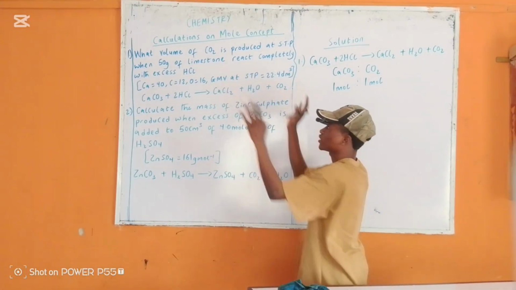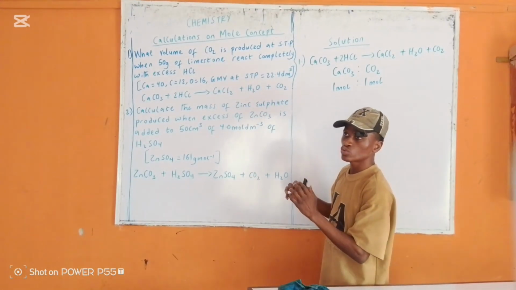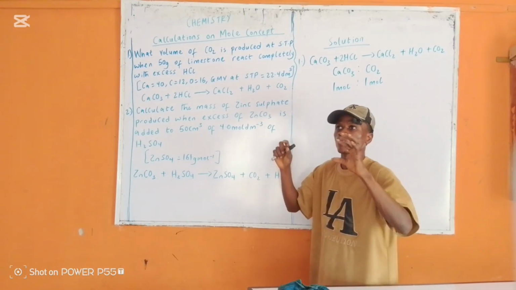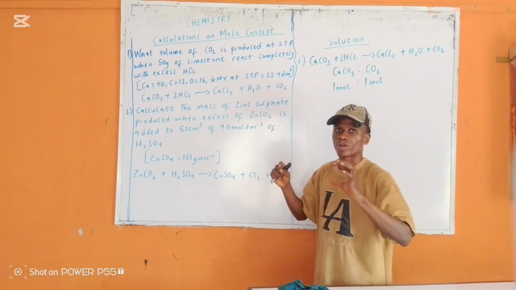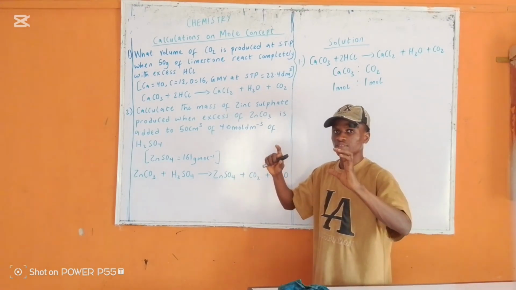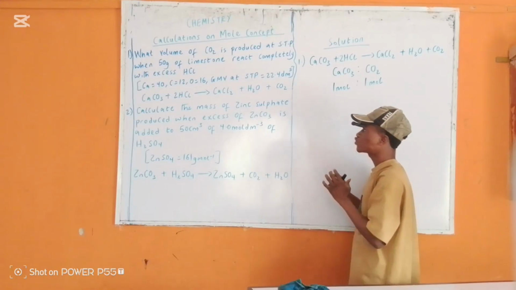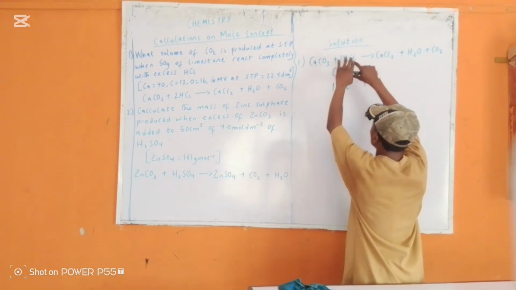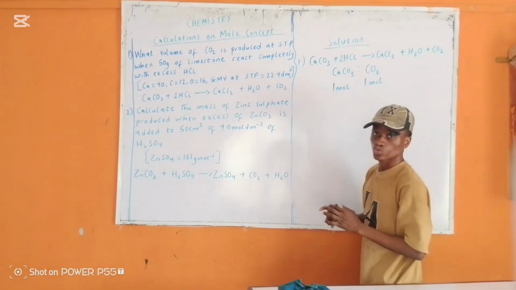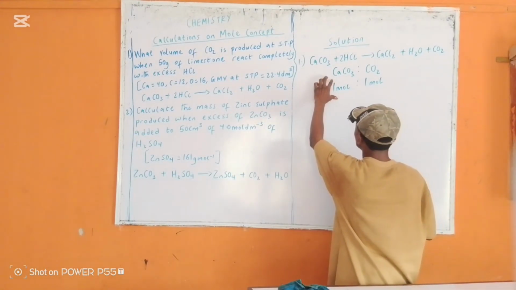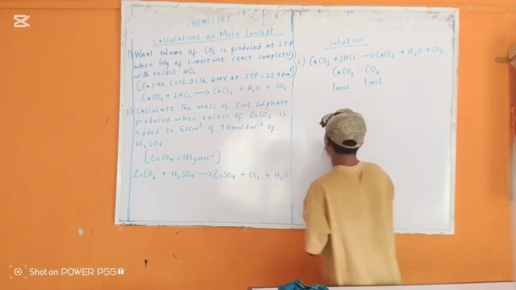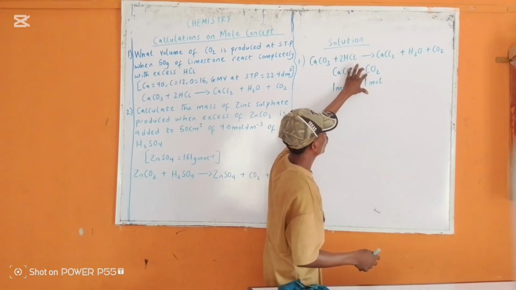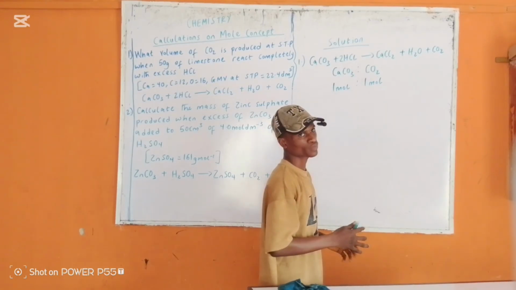Before we start solving the question, we must first of all bring out what we are going to make use of to get the answer. And what we are to make use of is always from the equation. So 1 mole of calcium carbonate produces 1 mole of CO2.